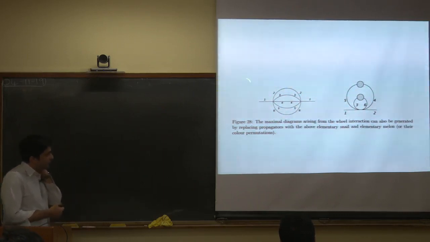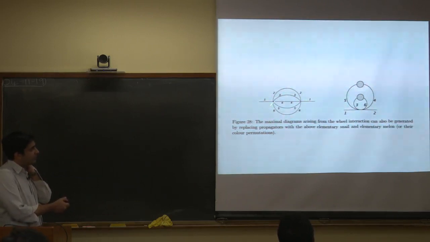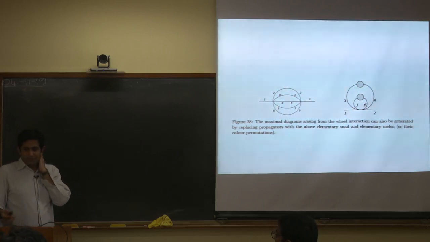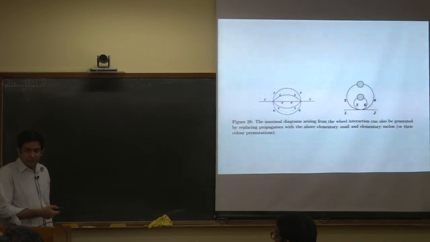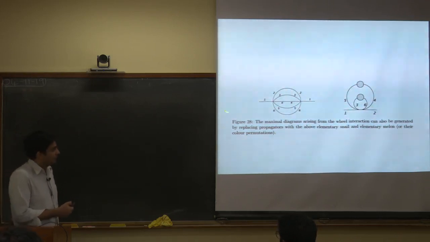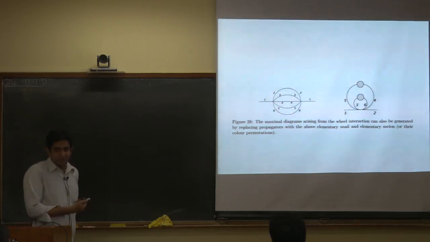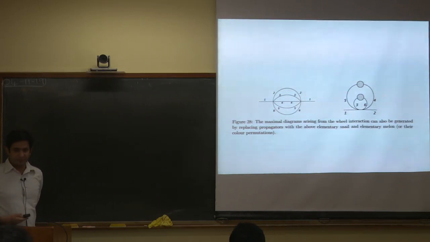Ultimately for the wheel, what one shows is that it's melonic dominance, where each line is replaced either by this elementary melon or by this elementary snail. That could be like a self-energy. Yes, correct, so there are two terms. Basically you replace propagators either by this or by this for the wheel, and then you can repeat that any number of times.